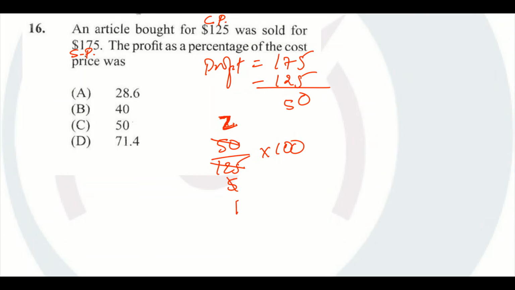And 5 into itself 1, 5 into 100 goes 20 times. So 2 times 20 gives us 40%. So our answer is going to be D.